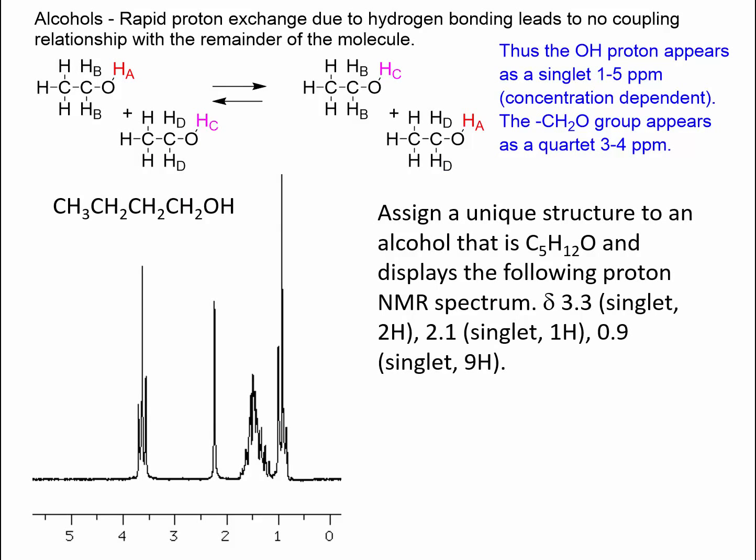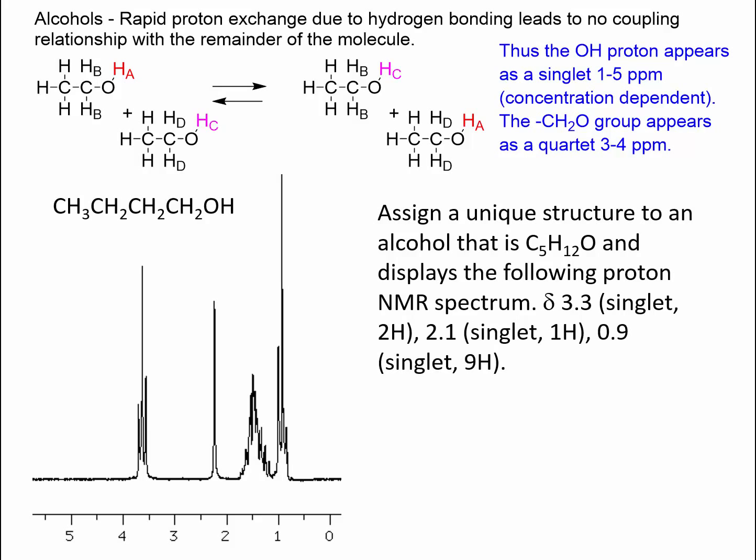Because of hydrogen bonding, the OH protons are going to actually be exchanging rapidly, and no relationship is ever established, okay? Thus the OH proton, even though it's only 1, 2, 3 bonds separated from HB there, or 1, 2, 3 bonds HA to HB, we're still going to see a singlet because of this rapid exchange.